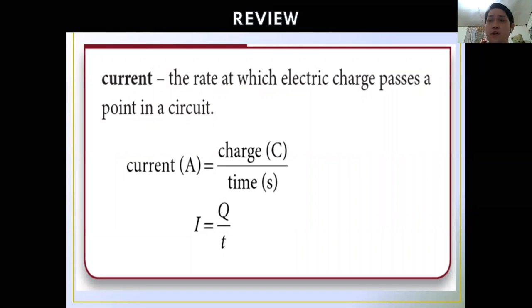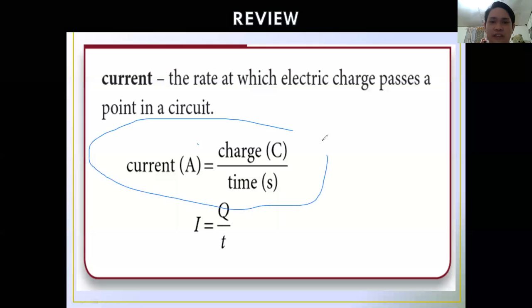And also, we just ended up with solving the electric current. As you can see on the screen, to solve for your electric current, it is equal to the charge over time.